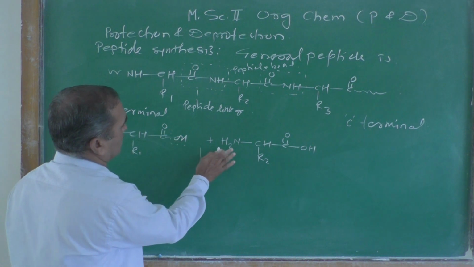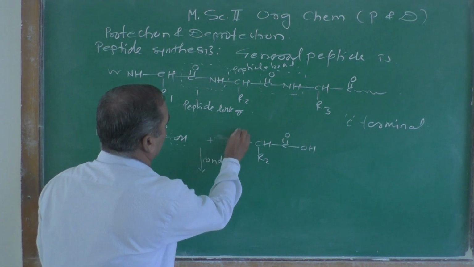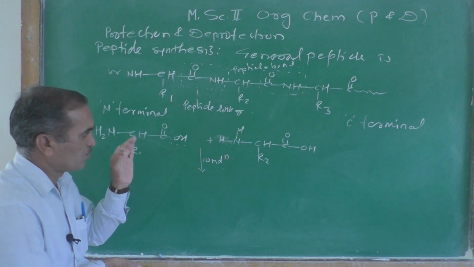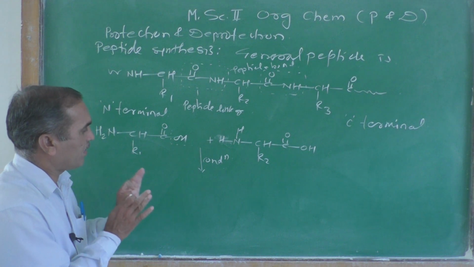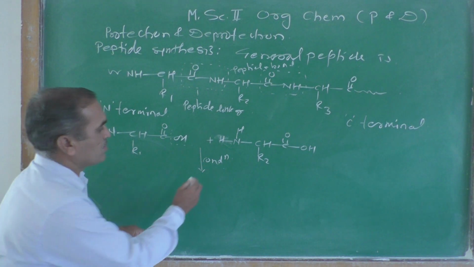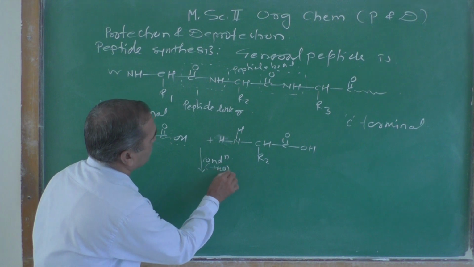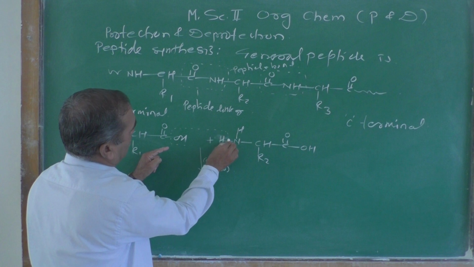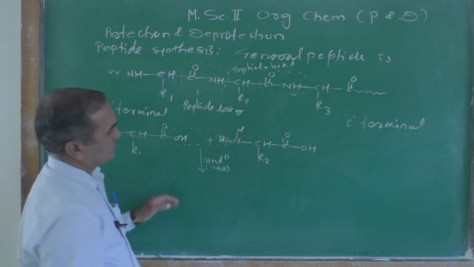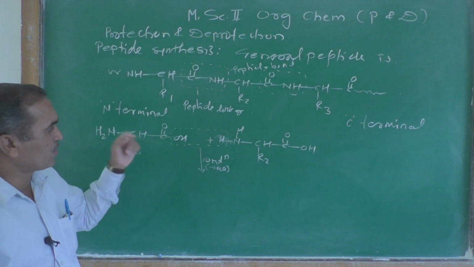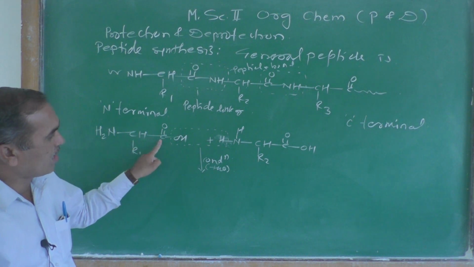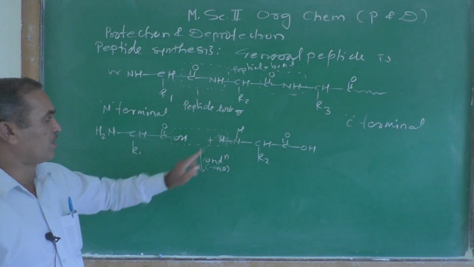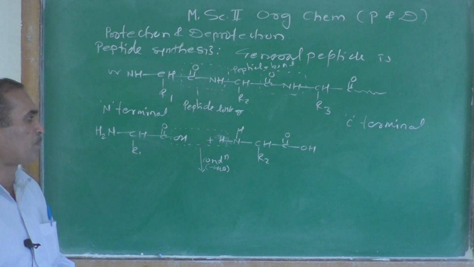The OH from the carboxylic group and an H from the nitrogen are removed. Condensation means a water molecule is removed, and the bond is formed between the carbonyl carbon and the amino nitrogen.